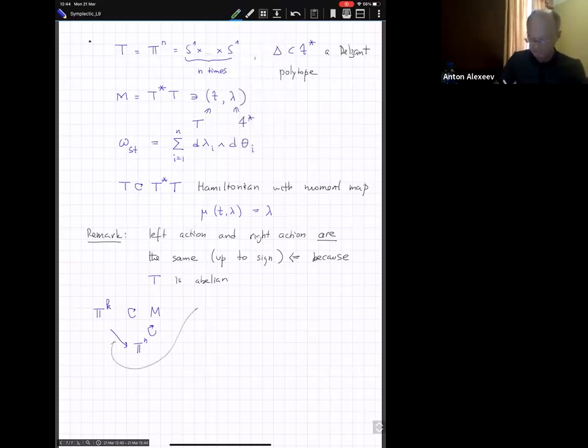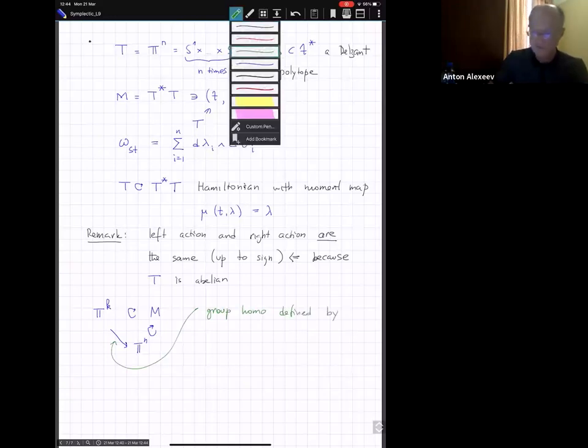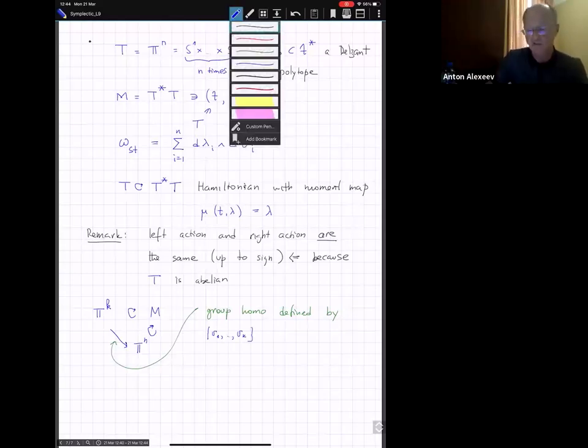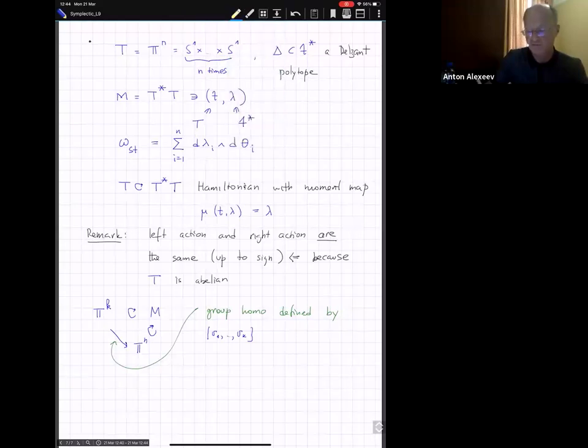So this map is a group homomorphism defined by this collection of lattice vectors v1, ..., vk from the definition of delta.